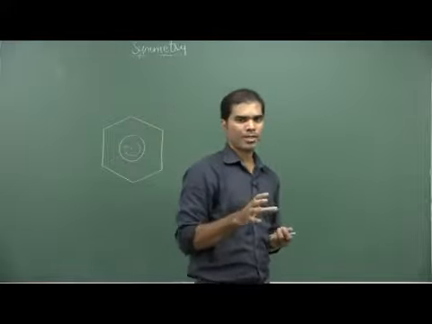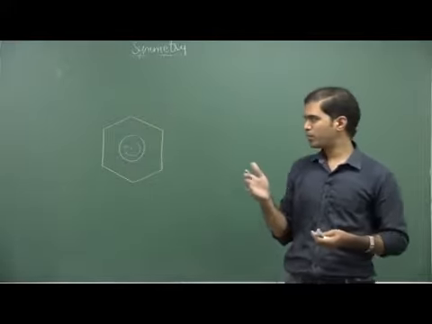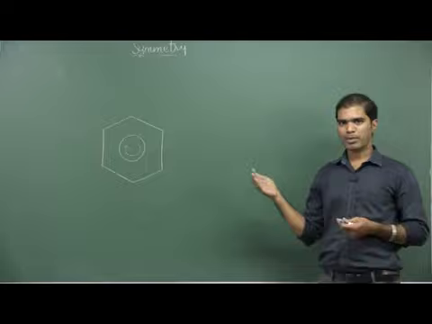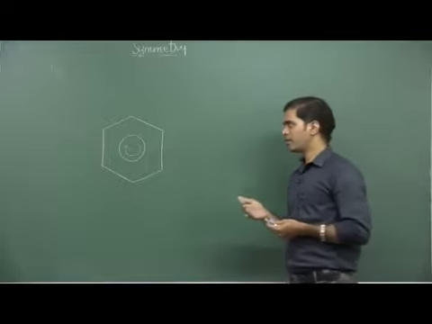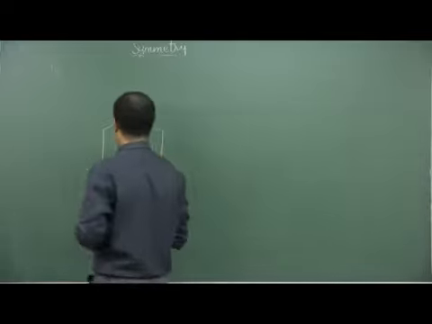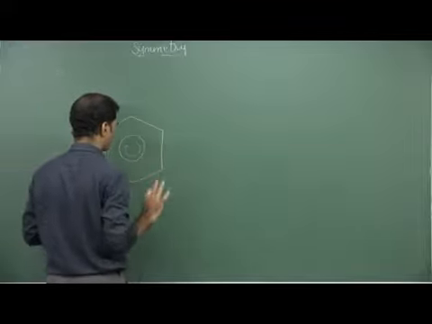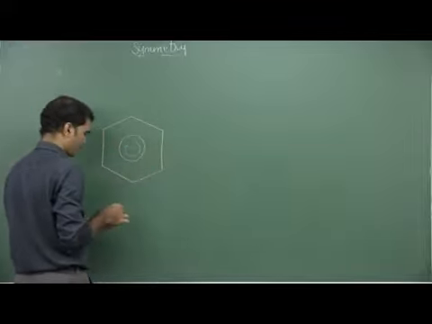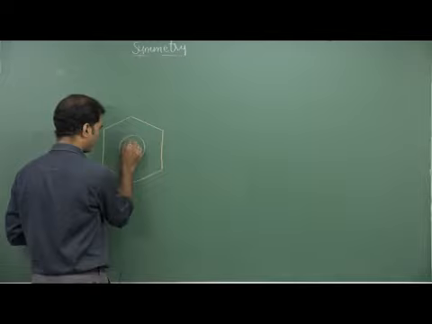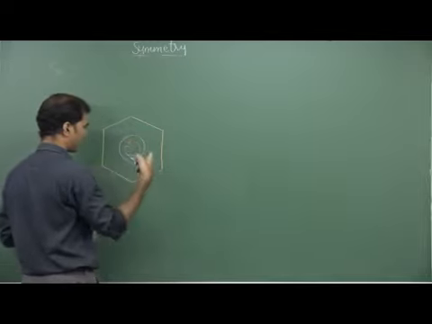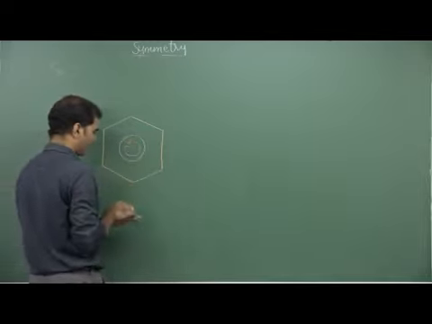All these things have to be done, which takes some time. In the beginning you have to put a lot of examples on paper, but as you practice day by day, you can just imagine the molecule and tell what is the symmetry element present in it. So here we have a C6, and that C6 is passing perpendicular to the plane of the benzene.